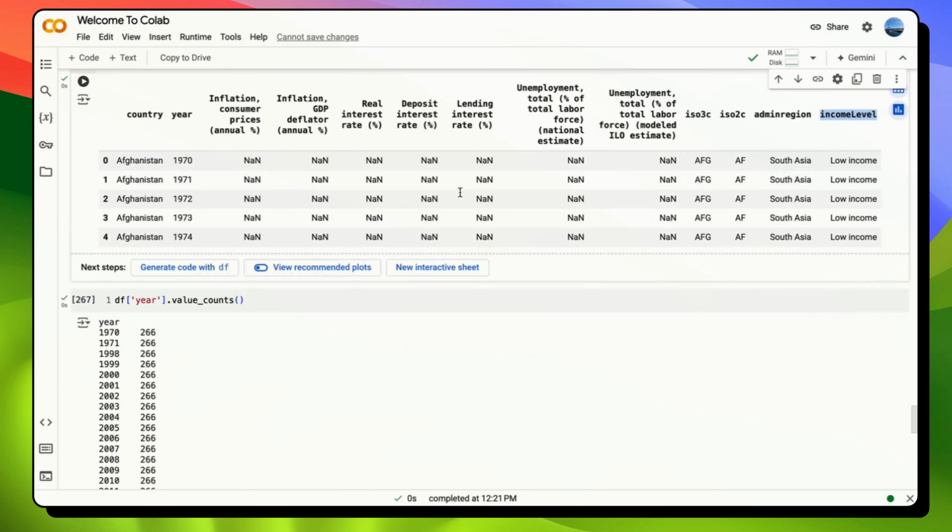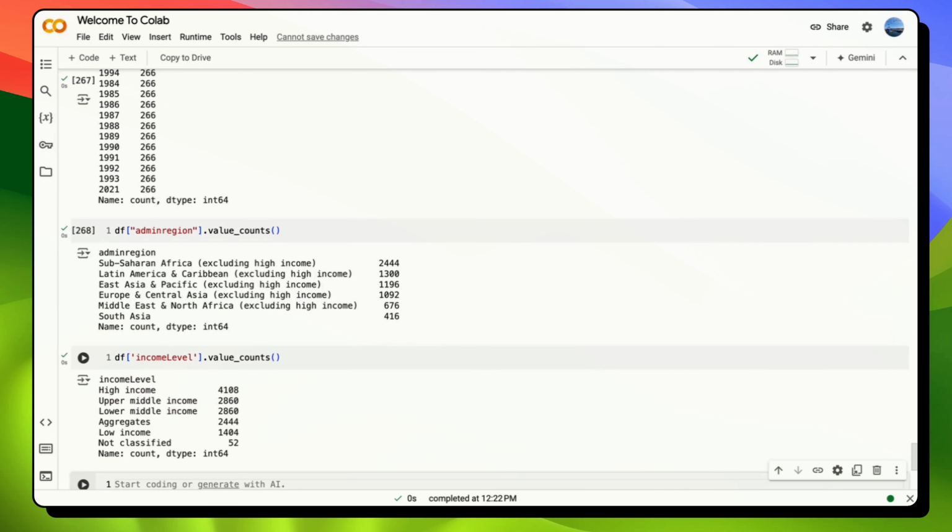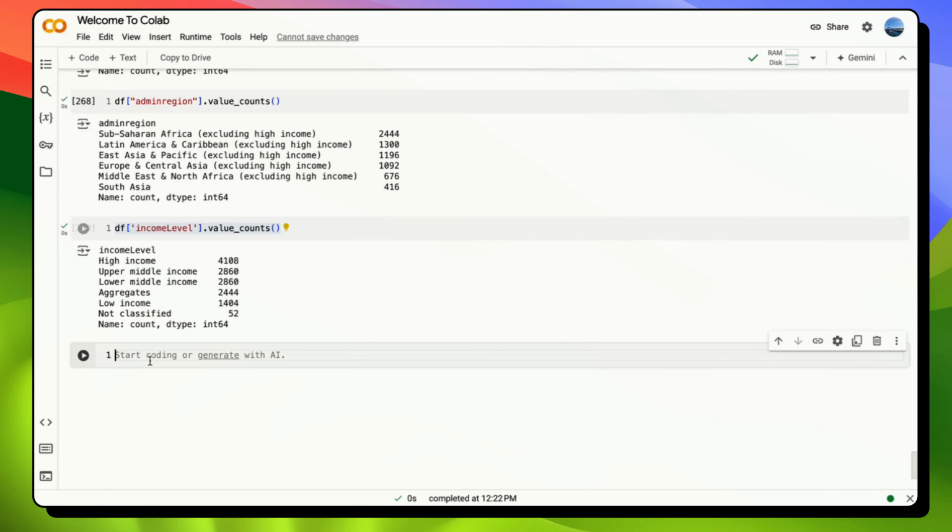Let's go ahead and see the income level. Let's go ahead and plot it out.